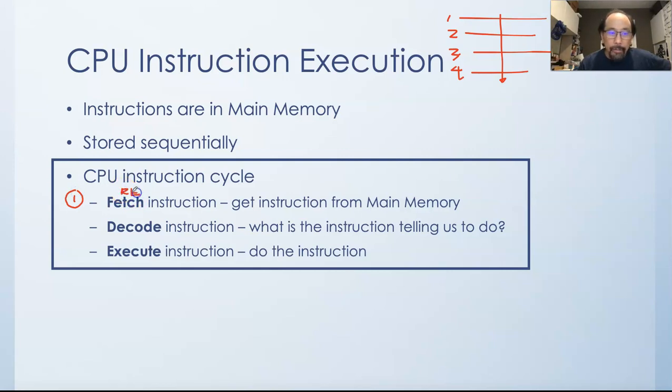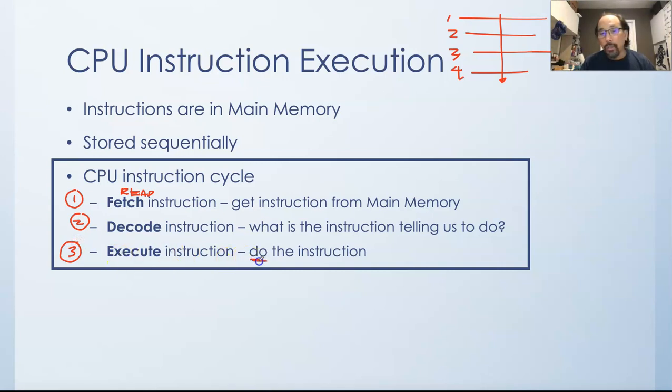We need to read from memory. Step 2, we get the instruction from memory, and now we need to decode it. It's a bunch of 1s and 0s. What is it? So the CPU needs to look at it, and using all of its logic gates, it figures out what type of instruction it is. And then step 3, we execute it.